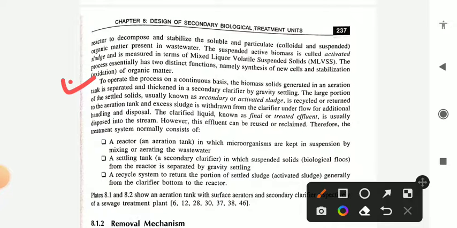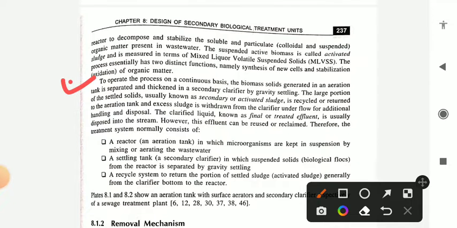So the process is continuous: the biomass solids generated in the aeration tank are then separated in a thickener or secondary clarifier by gravity. A large portion of the settled solids, usually known as secondary or activated sludge, is recycled to the aeration tank, and excess sludge is withdrawn from the clarifier for additional handling and disposal.